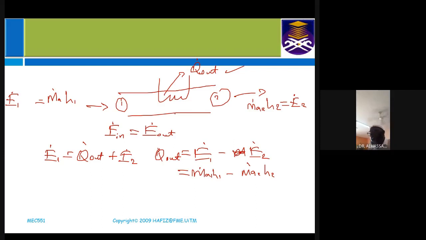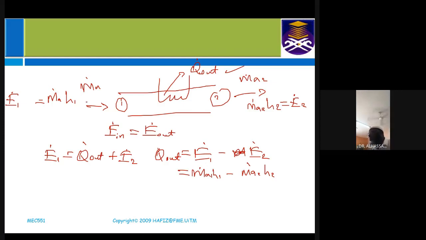All right? Be careful over here. You see, the mass of the dry air component, MA1, is the same as mass of dry air component MA2, because dry air component does not change. Same.